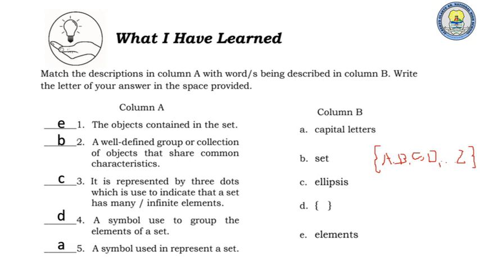For example, set A is equal to A, B, C, D, comma, dot, Z. Close braces. Ang set A, nag-represent siya kung ilan lahat ang mga elements sa alphabet. Nakuha ba? Very good, thank you.